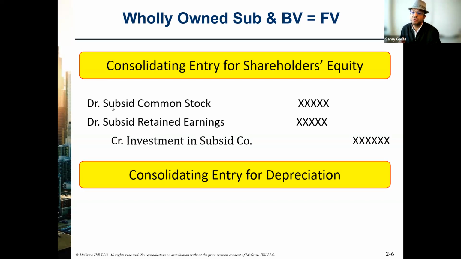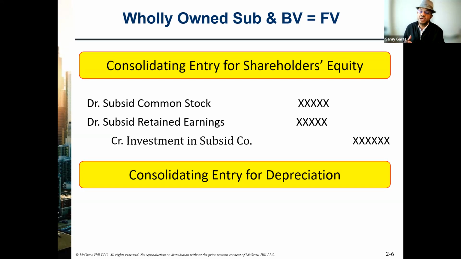And by the way, you remember this journal from chapter 2, but we never put subsidiary at the beginning there. I put it just to explain that the common stock and the retained earnings are for the subsidiary, not the parent company. So in the consolidating entry, we debit common stock, debit retained earnings, but the amount should come from the subsidiary balance sheet. And we credit the investment.